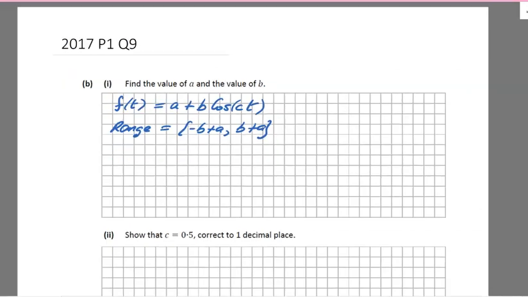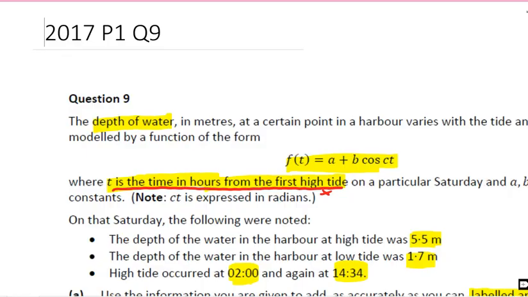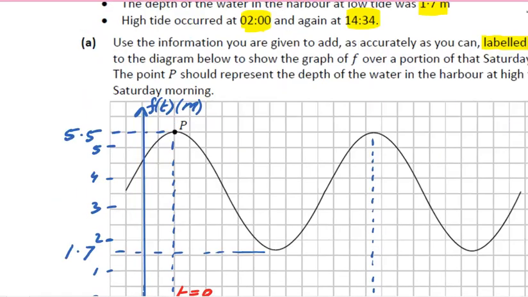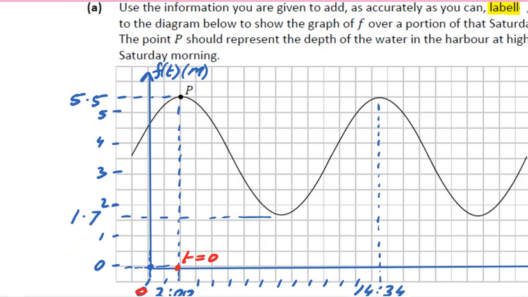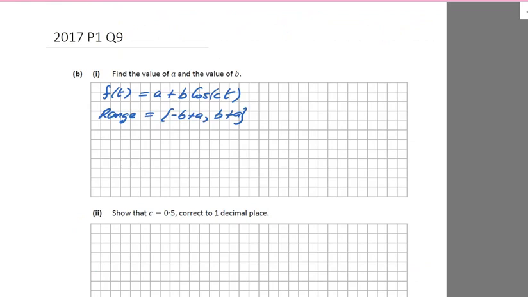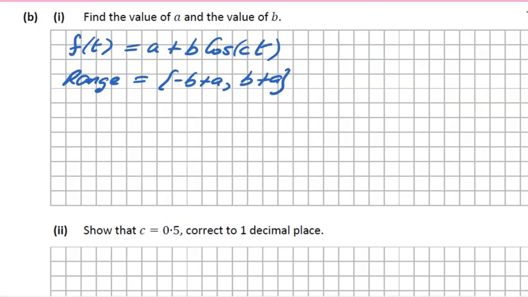But we also have the range from part A of the question. If you go back and look at our graph again, the range is from 1.7 to 5.5, as you can see there. So that's low tide to high tide, 1.7 to 5.5.